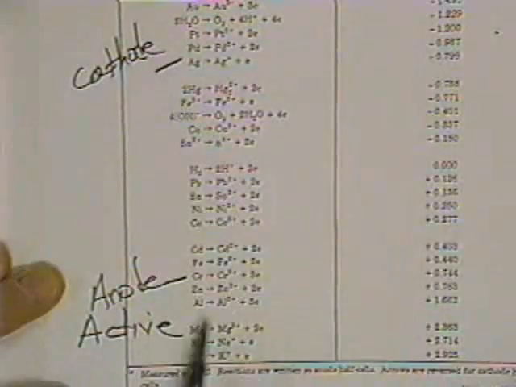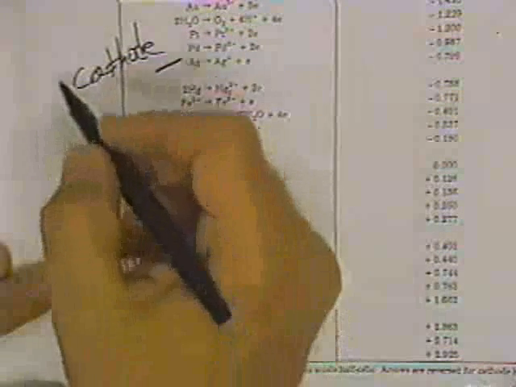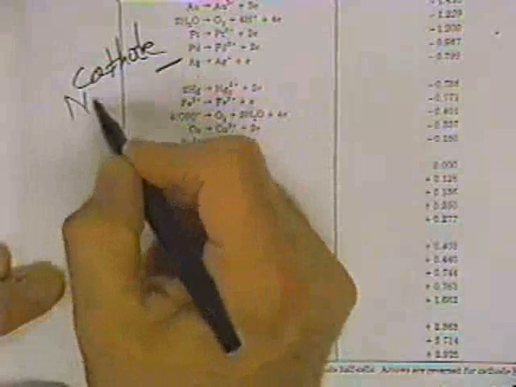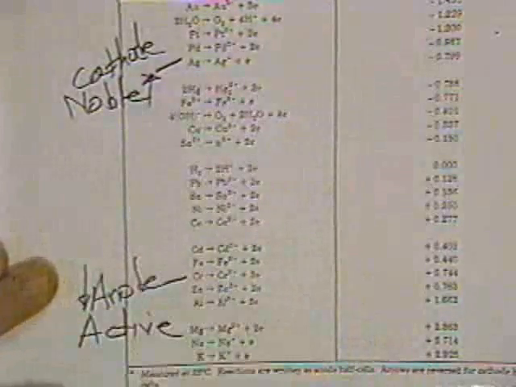Sometimes the tables get flipped. Just keep in mind you see sodium, potassium active, gold, platinum, you know those are going to be inert. So these are going to be more noble in this direction.